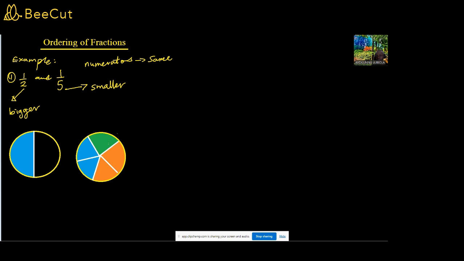Each portion of the one that has 5 portions is smaller than the one that has 2 portions. So what you can see here is that this 1/2 is greater than the 1/5. So this represents 1 into 5 places, while this represents 1 into 2 places. Is that clear? Yes, sir.